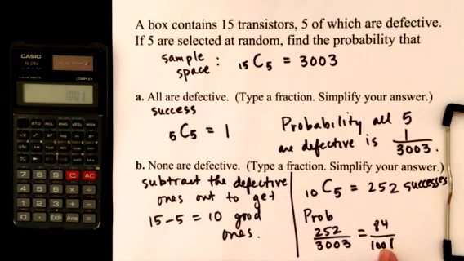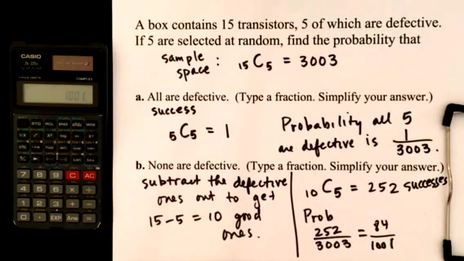Can I reduce by 3 again? Well, 1,001, if I add 1 plus 0 plus 0 plus 1, that's 2. So I cannot reduce that by 3 again. I don't need to check 4, because if I could reduce by 4, I could have reduced by 2, and we've already ruled 2 out.